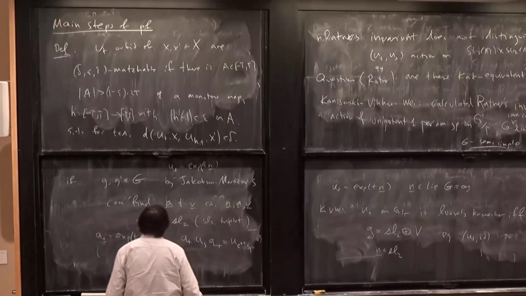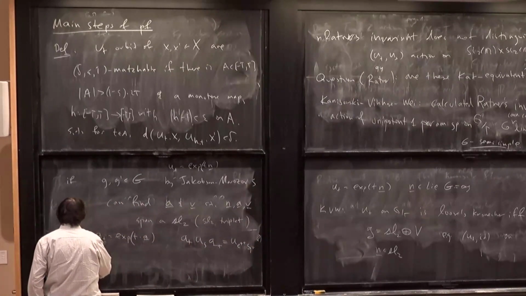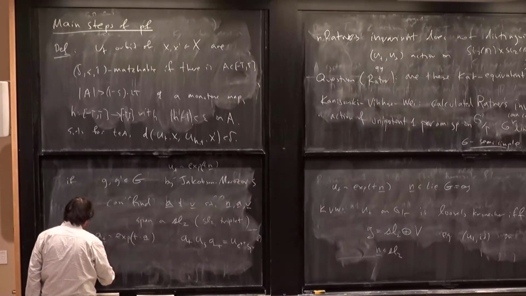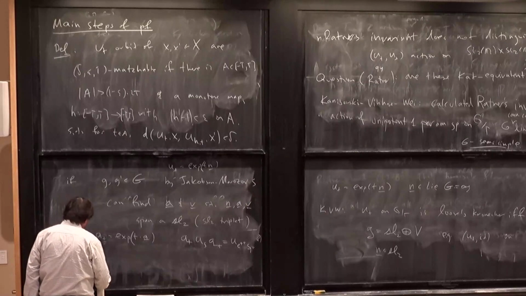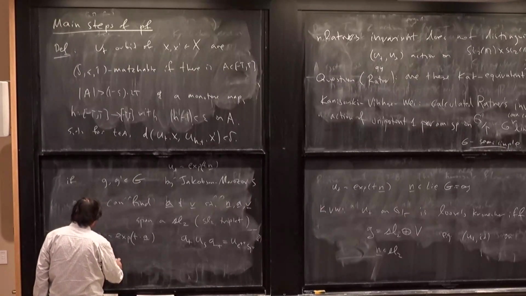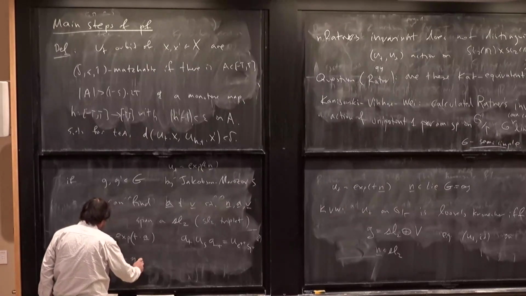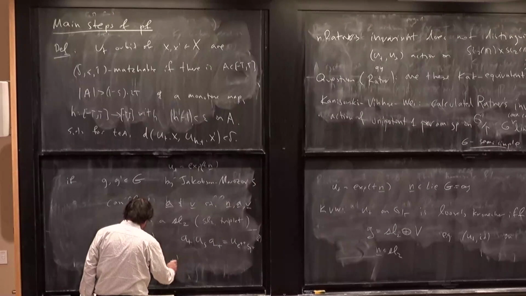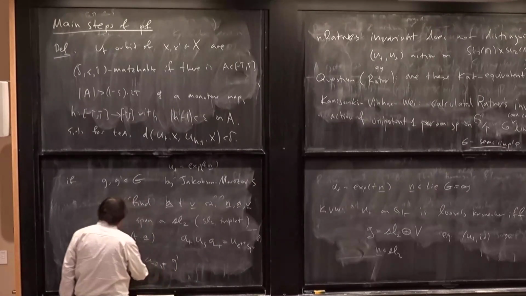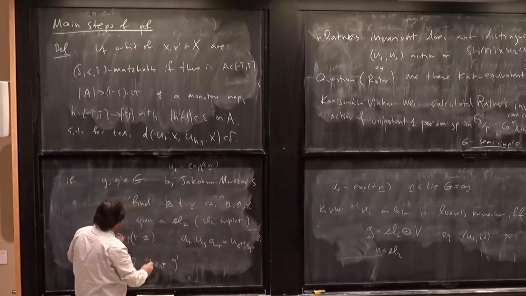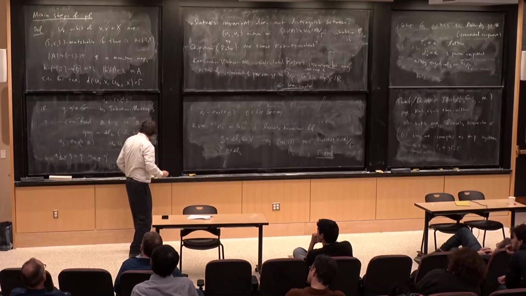And then these two elements have to be related by the fact that if I apply a to the minus log t of g, and I write it as eta a to the minus log t of g prime, then g and g prime are related.